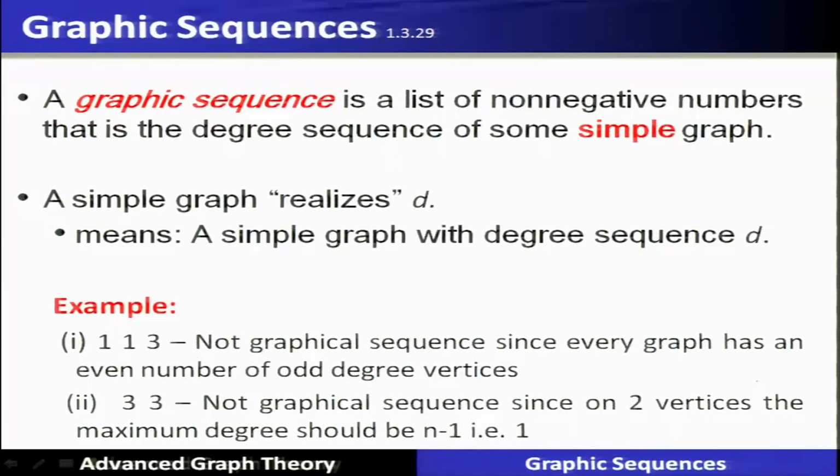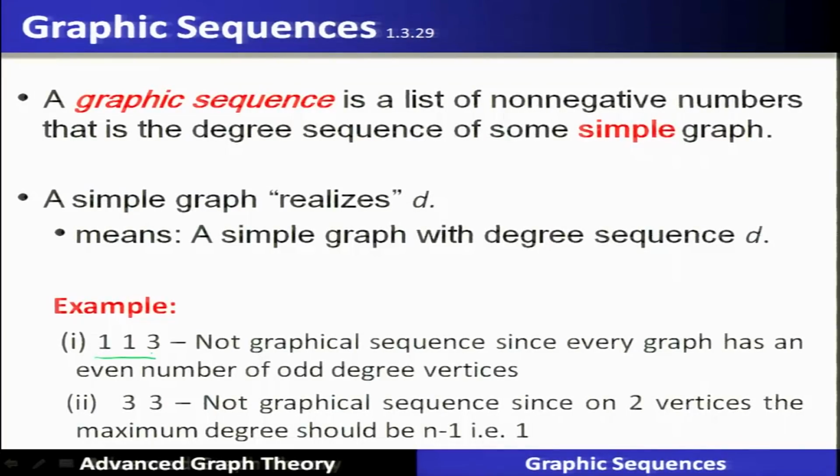A graphic sequence is a list of non-negative numbers that is the degree sequence of some simple graph. A simple graph realizes d means a simple graph with degree sequence d. For example, here 1 1 3, if this sequence is given, then we can inspect quickly and tell that this is not a graphical sequence.